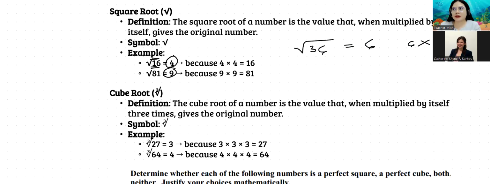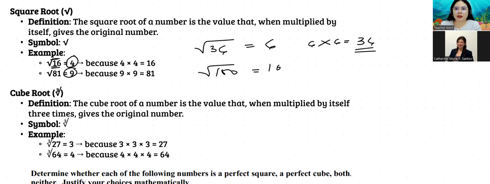Okay? How about this one? If we have here the square root of 100, what is one number that when you multiply twice by itself, the result is equal to 100? 10. Okay, very good. That is 10. How about this one? Think of a number that when you multiply twice by itself, the result is equal to 64.